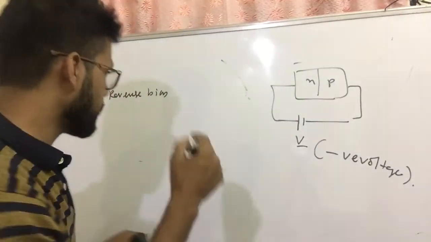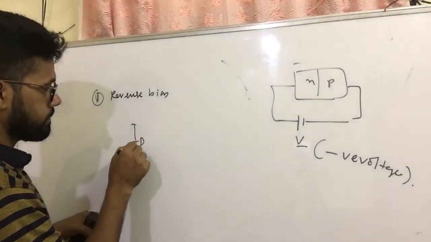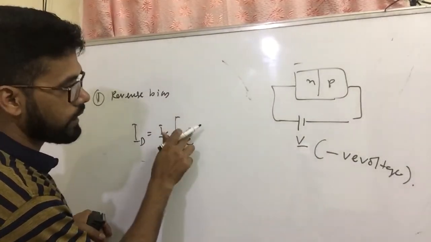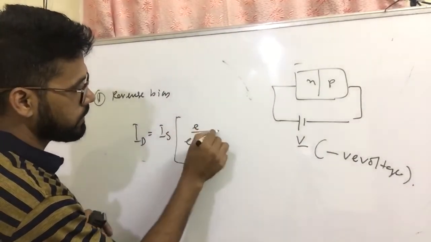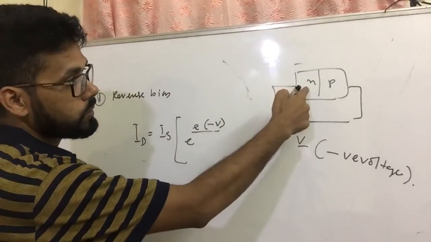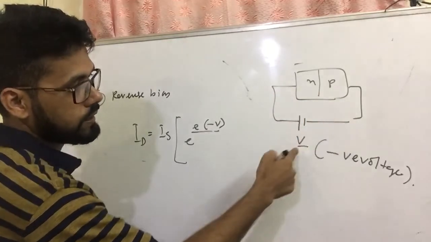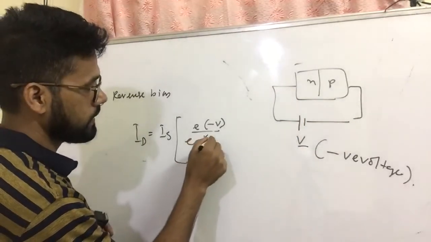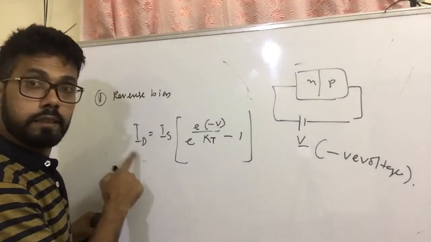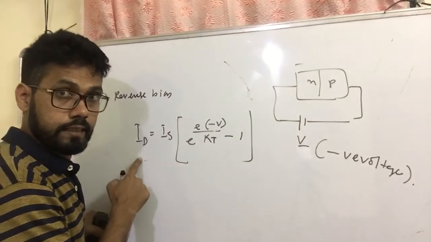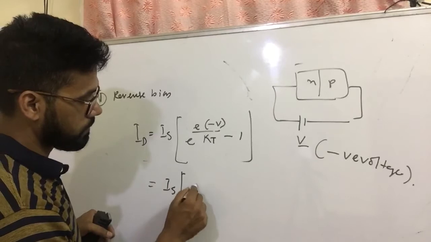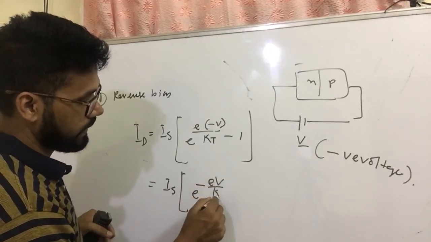Now equation: diode current equals Is e to the power minus eV by kT minus 1. Why am I writing minus? Because it is a negative voltage, since negative is connected to positive and positive to negative. Clear? This is the reverse bias diode current.